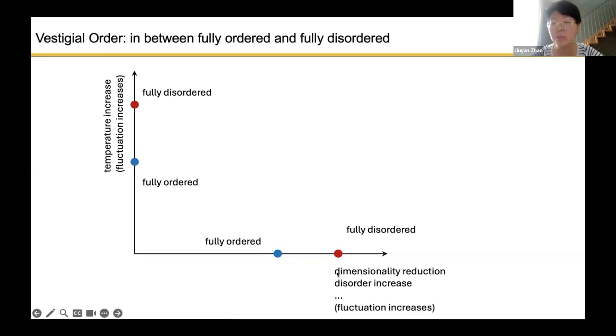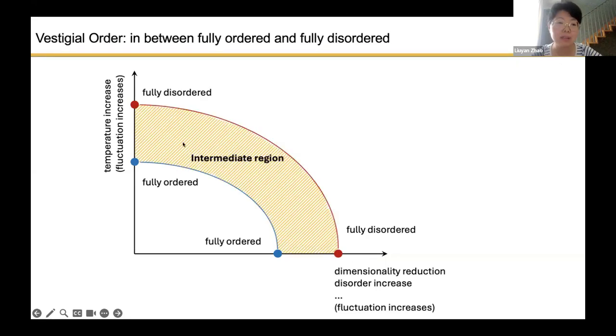For example, we can reduce the dimensionality to increase the fluctuation. We can also increase disorder in the system to increase the fluctuation. Just like temperature, we will also have three segments along this axis. If we connect this phase diagram together, we have the so-called intermediate regime sitting between the fully ordered regime and the fully disordered regime.